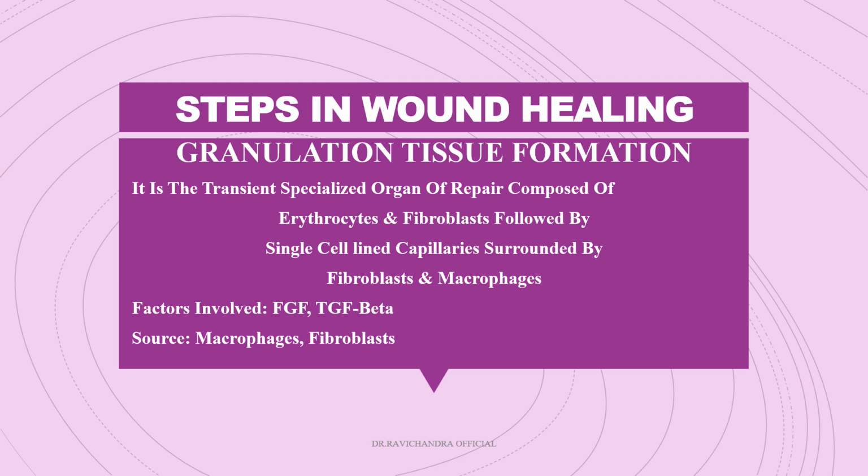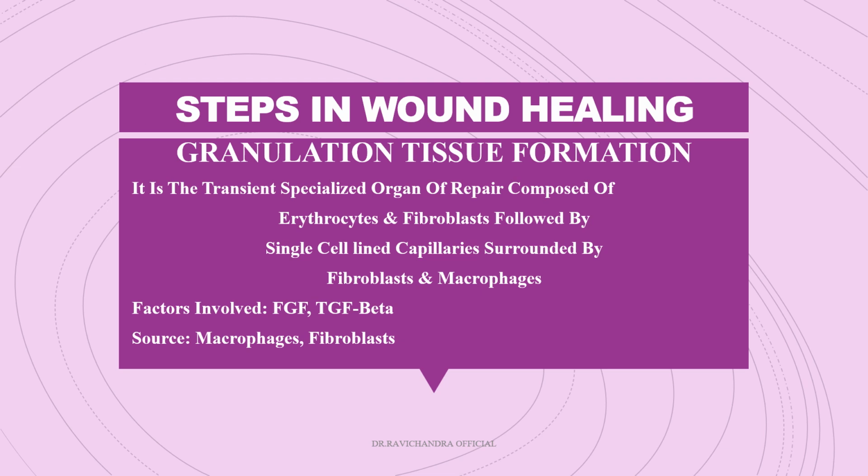This can be given as granulation tissue or granulation tissue formation for a 3 marks question. Then you should write it is a transient specialized organ of repair consisting of erythrocytes and fibroblasts and single cell lined capillaries surrounded by fibroblasts and macrophages.